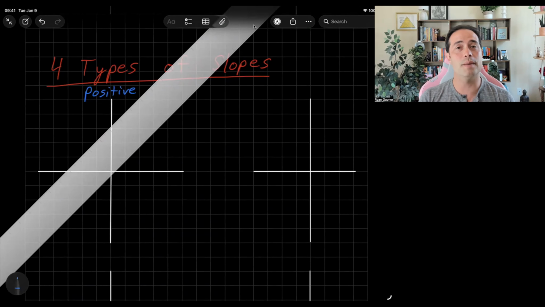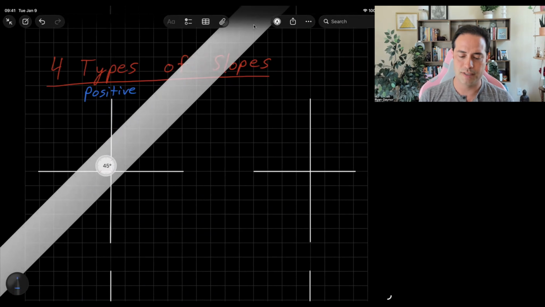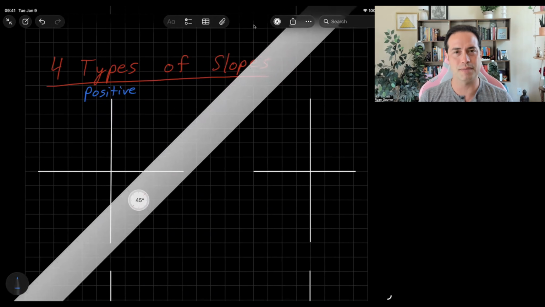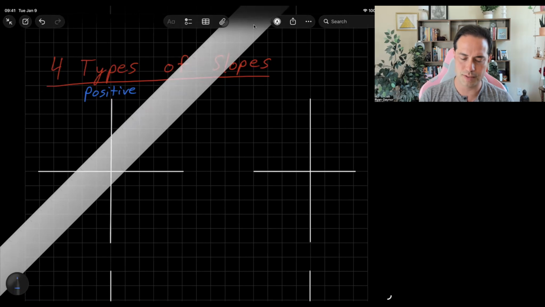And if you're going up a hill, then that means it's positive. And in fact, any graph that you ever look at, you should always look at left to right. So if I'm looking at this left to right, and I'm going up a hill, or up a mountain, that means positive. Now, it doesn't matter. It could be here, it could be here, it could be here, it doesn't matter. Those are all positive slopes.